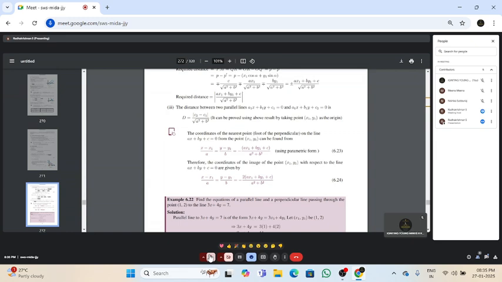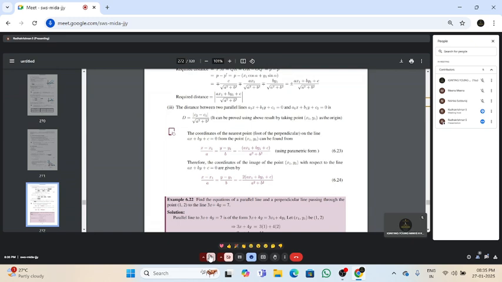I'll write ax1 plus by1 plus c over a square plus b square. A is 1 and b is 2.